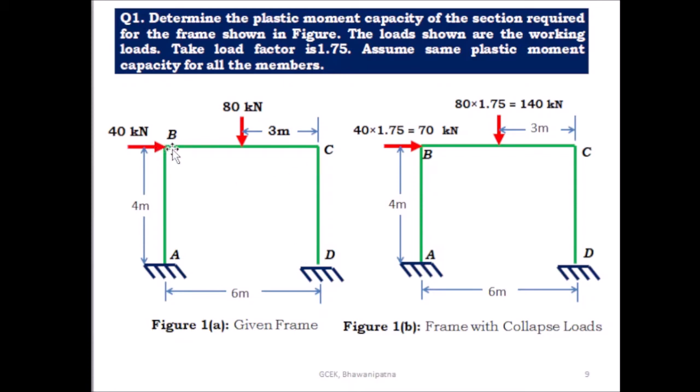At joint B there is one horizontal load of 40 kilonewton, and on the span BC there is one concentrated load of 80 kilonewton at the midpoint. The length of span BC is 6 meter, the length of AB and CD is 4 meter, and end A is fixed and end D is fixed.